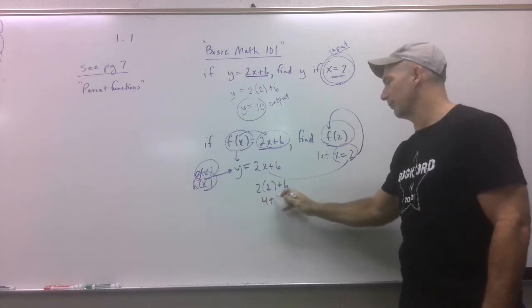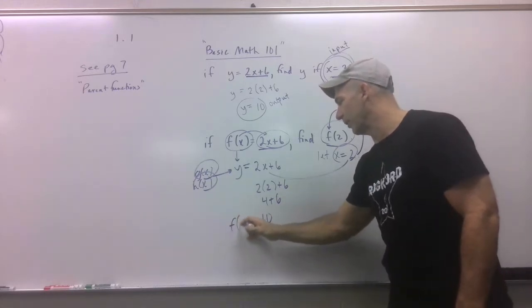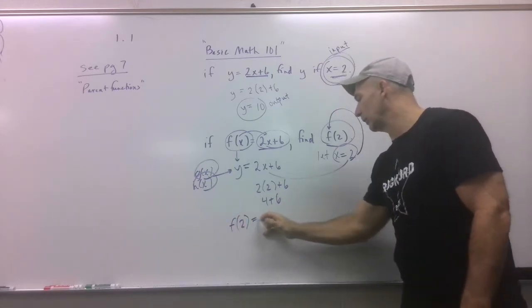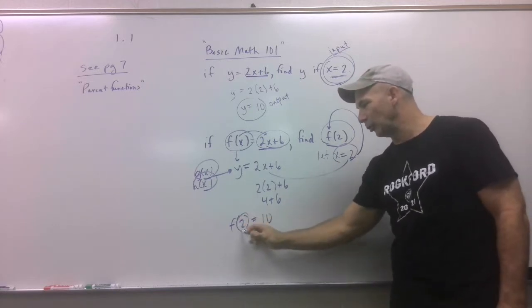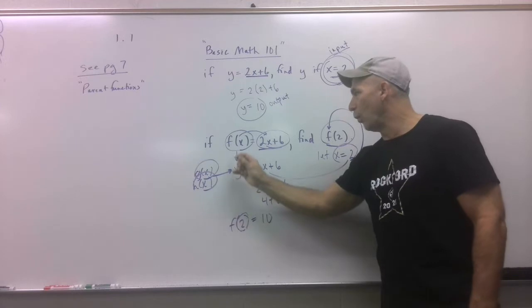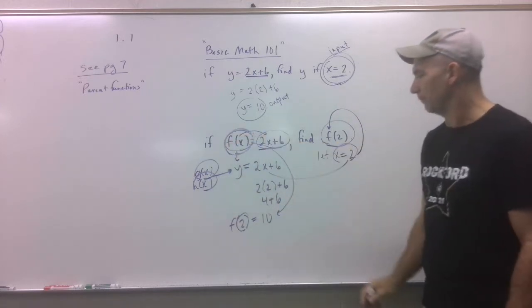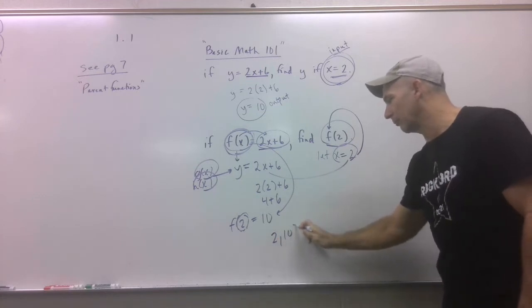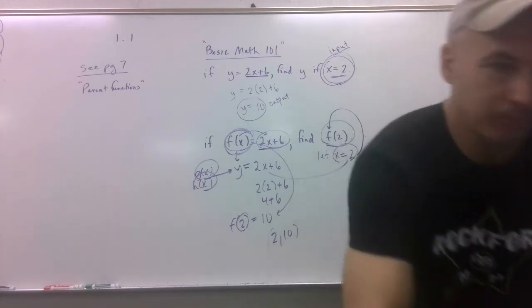Look at this, guys. 4 plus 6 is 10. So we would say f of 2 equals 10. That's a fancy way of saying if x is 2, then y would equal 10. That's another way of just saying the coordinate point 2, 10. All right, that's a warm-up.